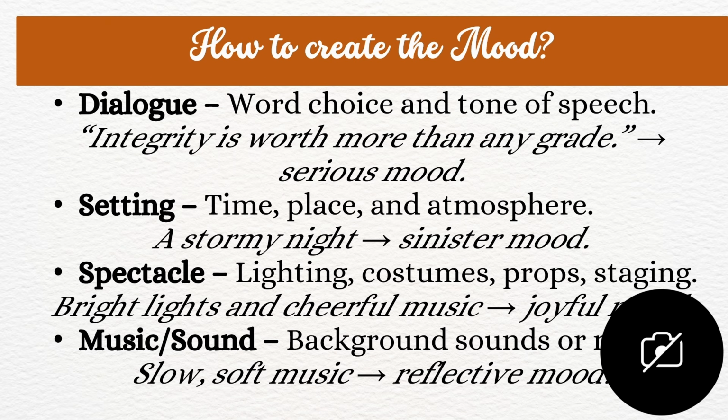And using spectacle or props on the actual stage, like bright lights and cheerful music for a joyful mood, and music, background or sounds. I mean, these elements, dialogue, setting, spectacle, music, and sound, create the mood of the play. Okay?